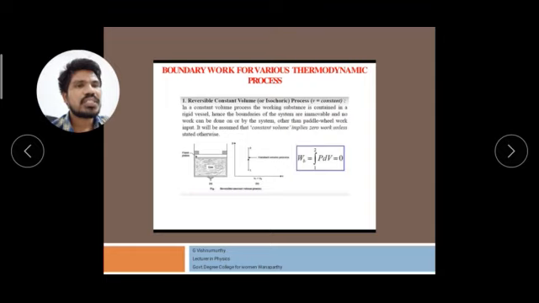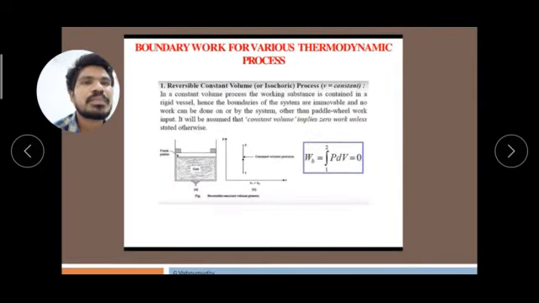So WB equals the integral from 1 to 2 of P dV, which equals 0 for a reversible constant volume process. In a constant volume process, dV equals 0, so we put dV equal to 0 in the equation, then the integral from 1 to 2 of P times 0 equals 0.